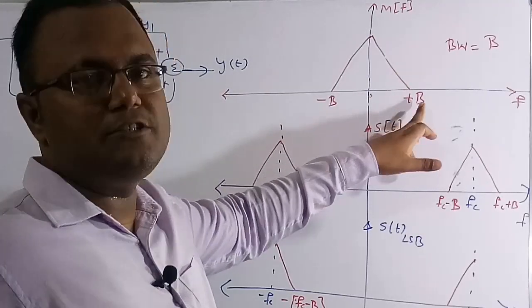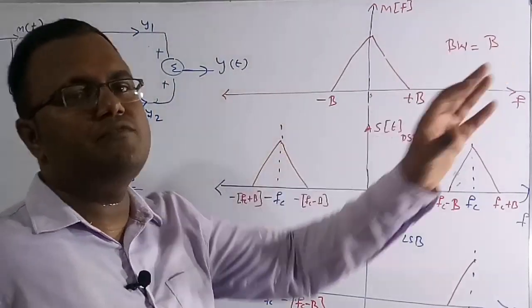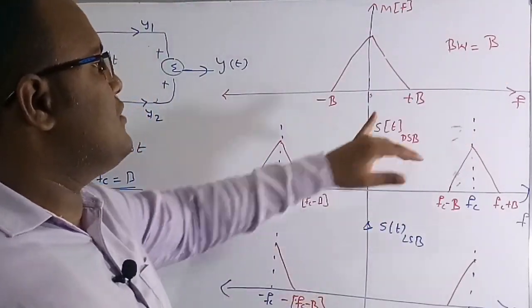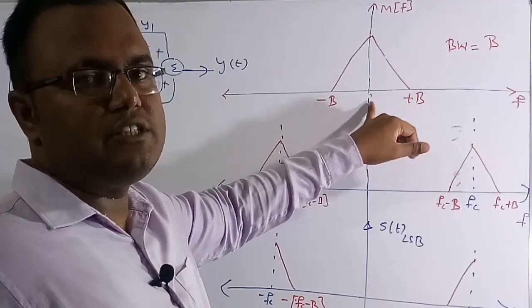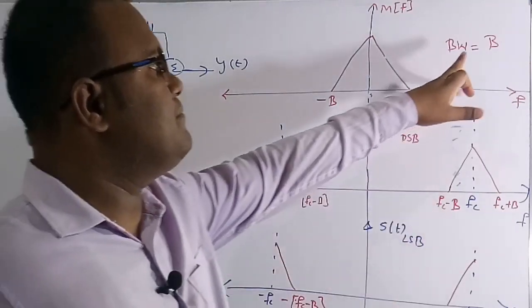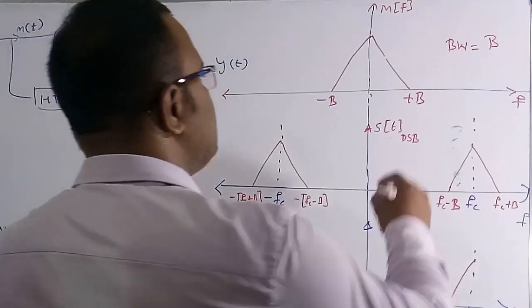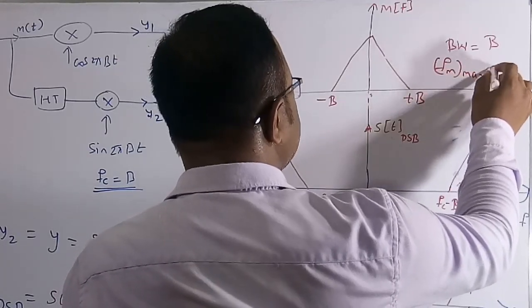Here the highest frequency is plus B and the lowest frequency is 0, because we calculate bandwidth for only positive frequencies. So highest minus lowest is B. The bandwidth of the message signal is B, meaning the maximum frequency present in this message signal is B.